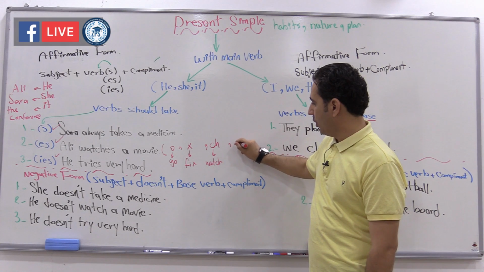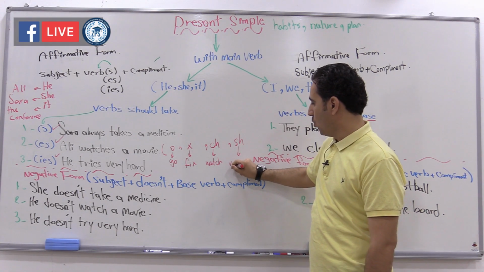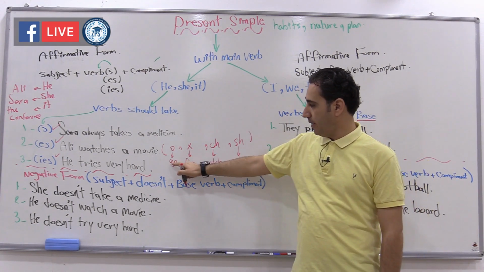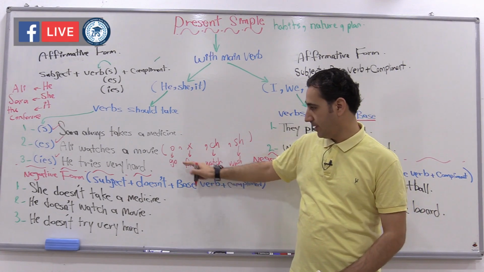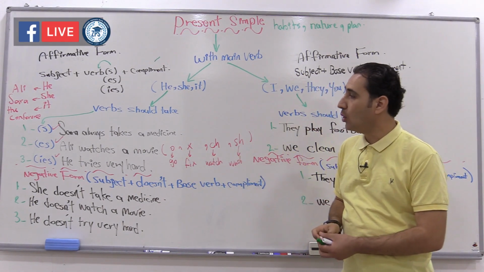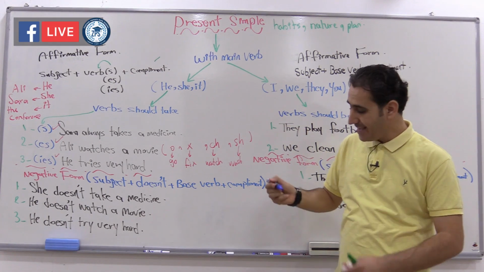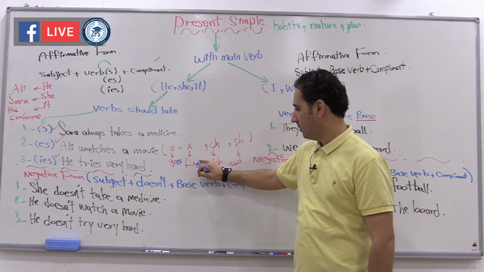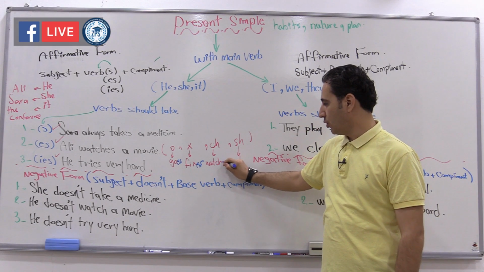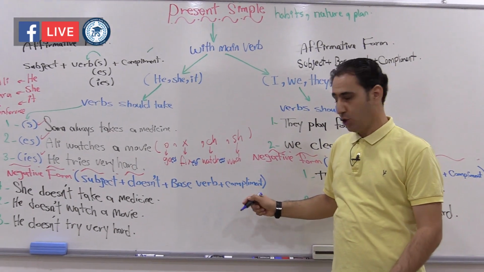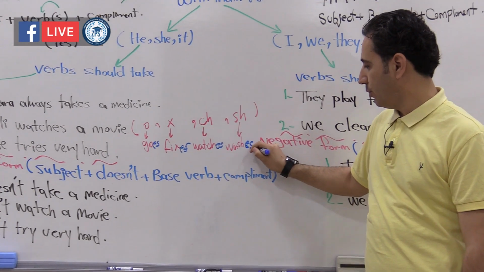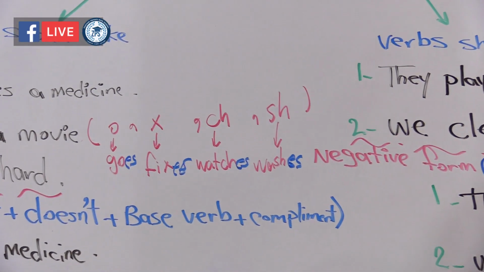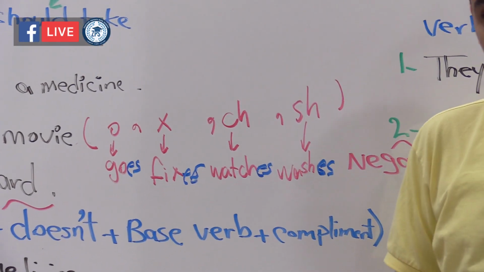And verbs that end with sh, like wash. Okay? In this kind of situation, we should add ES, not only S. Go, goes. Fix, fixes. Watch, watches. Wash, washes.